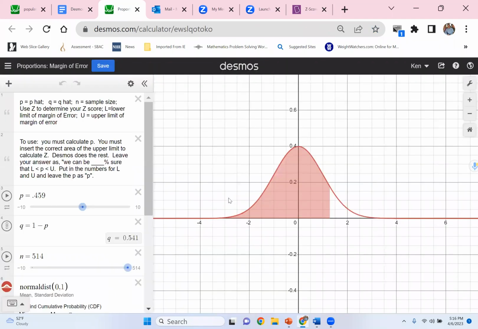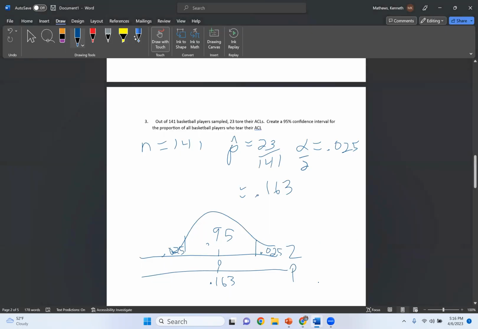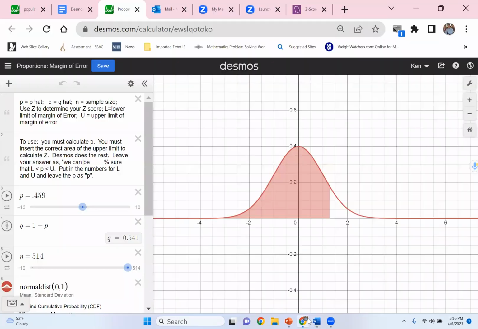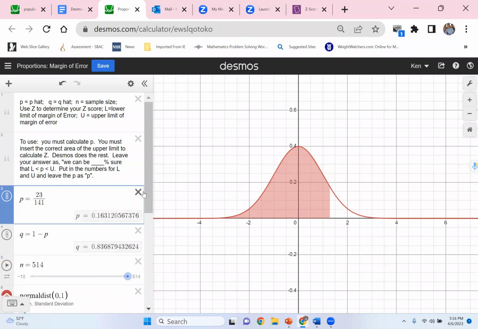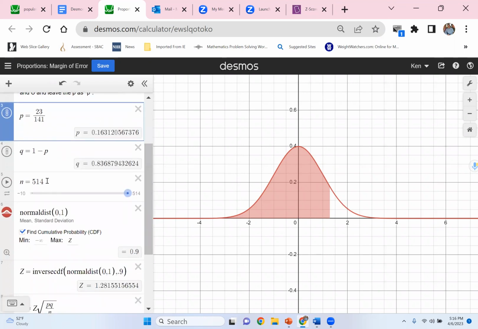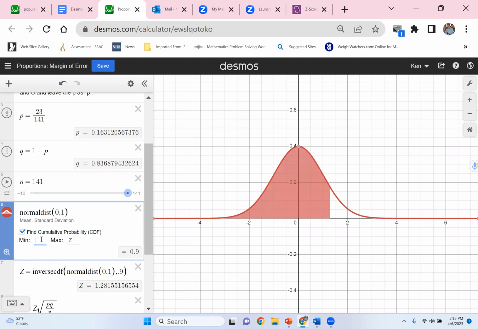And there's our Desmos. All right, so it says P stands for P hat, which is different than what we learned today for the other thing. P hat's 23 over 141. N is equal to 141. Let's put a negative z here so we can get our area right.